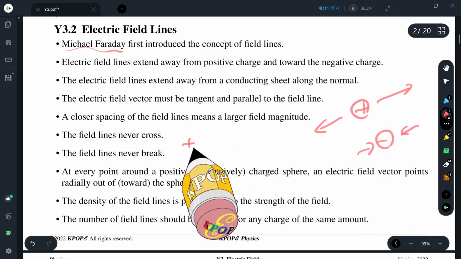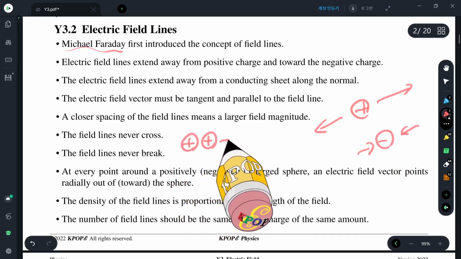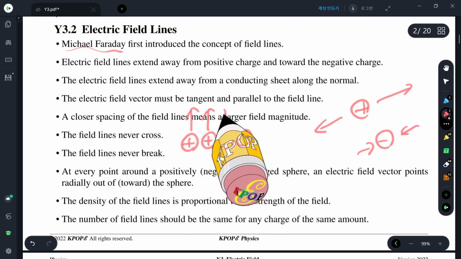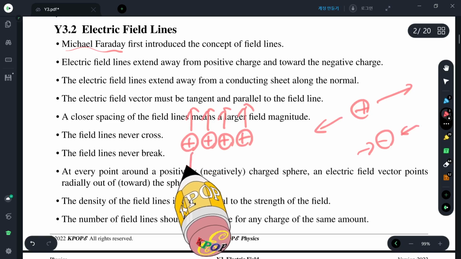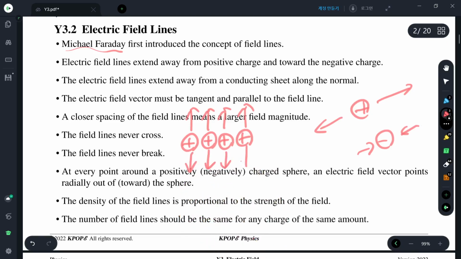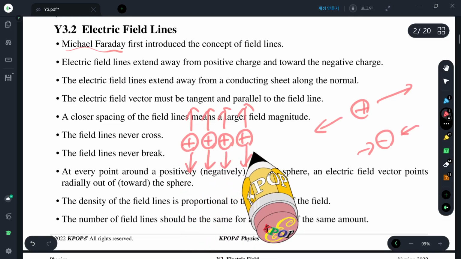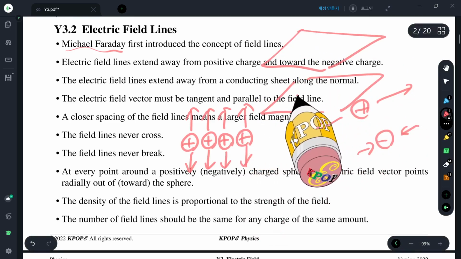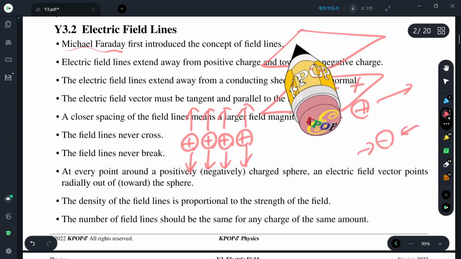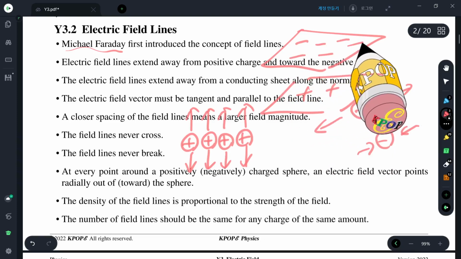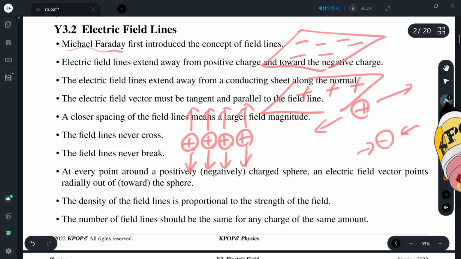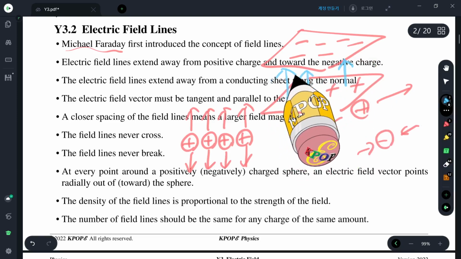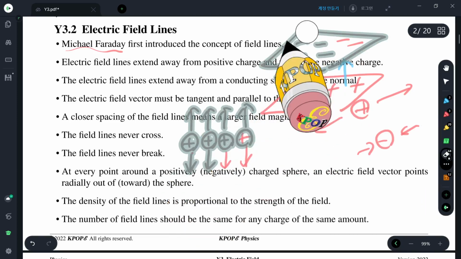So if we have many charges, field lines are being emitted from the positive charge. If you have two plates, a positively charged plate and a negatively charged plate, then the electric field lines show this direction, for example.